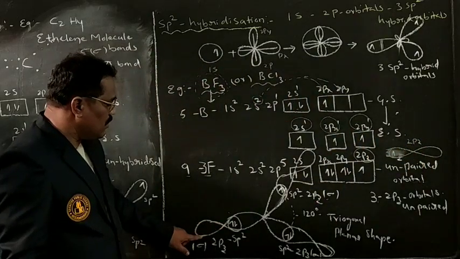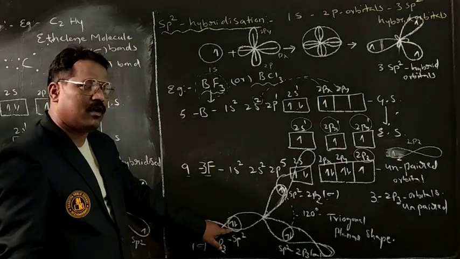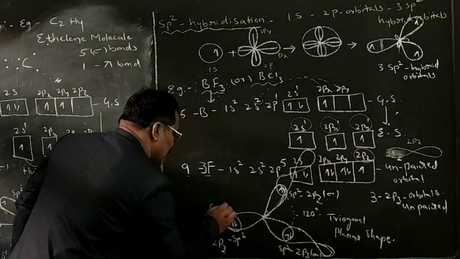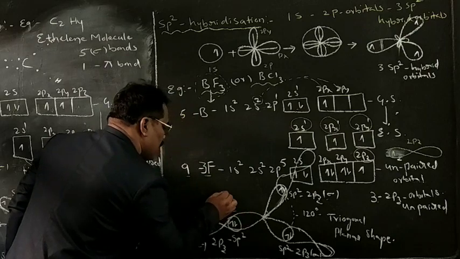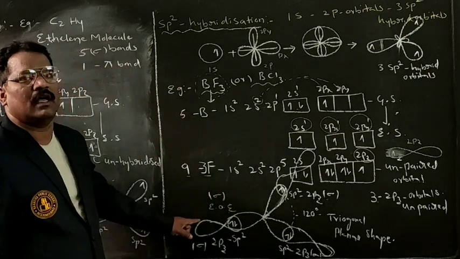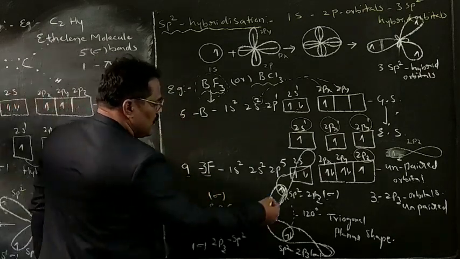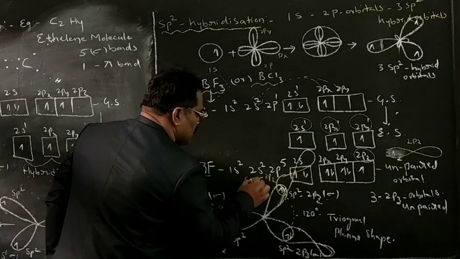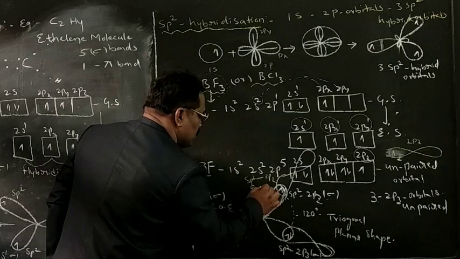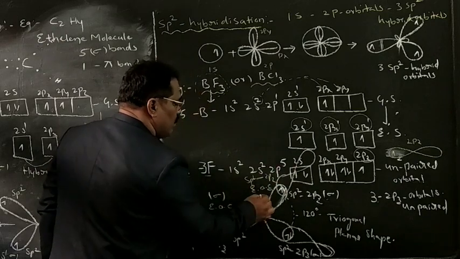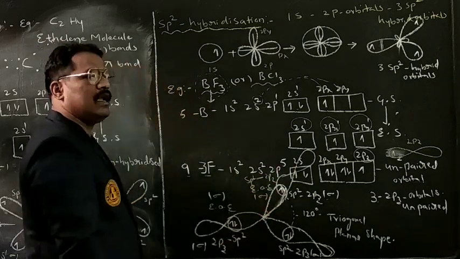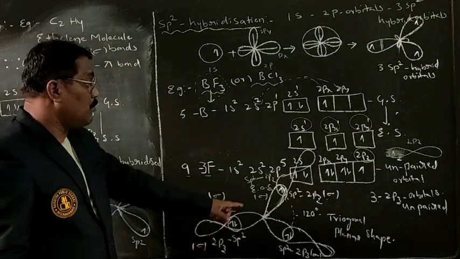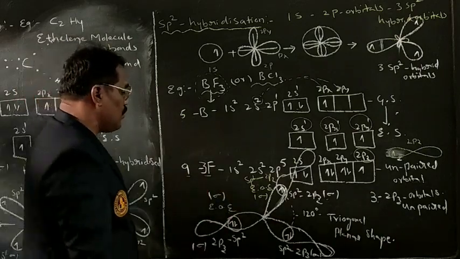One 2pz orbital overlaps with an sp2 hybrid orbital by end on end overlapping and forms a bond called a sigma bond. Similarly, one more 2pz orbital overlaps with an sp2 hybrid orbital end on end, forming a sigma bond.